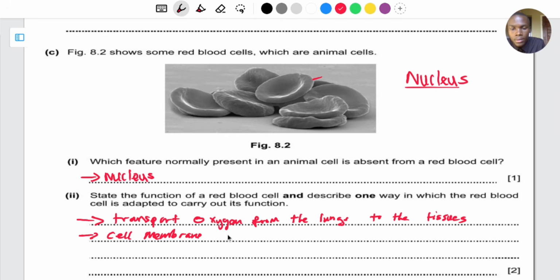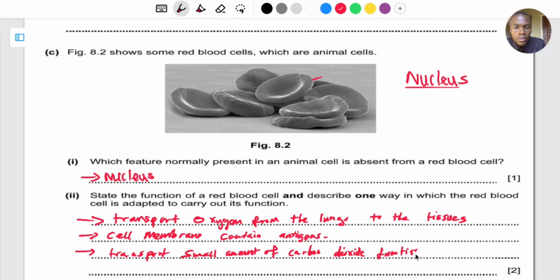Then from there, if you want, you can also say transport carbon dioxide, or transport a small amount of carbon dioxide from tissues to the lungs, but you just have to choose one.